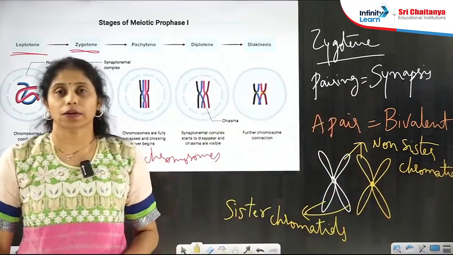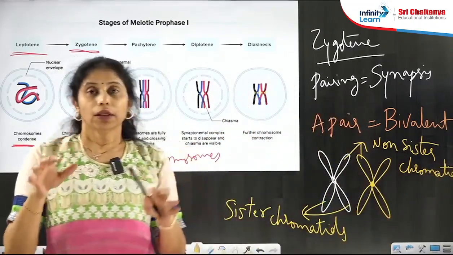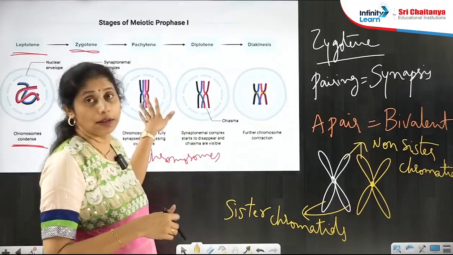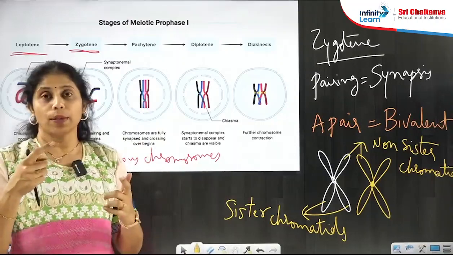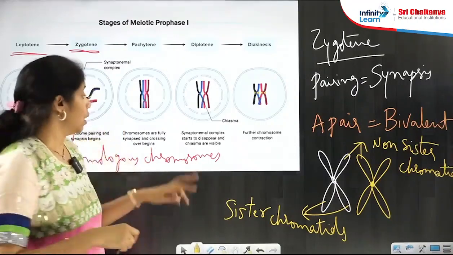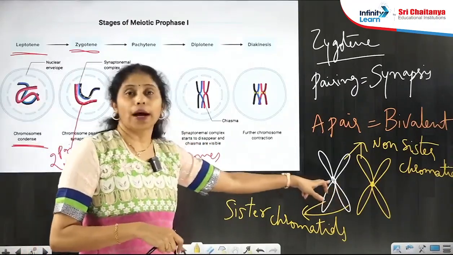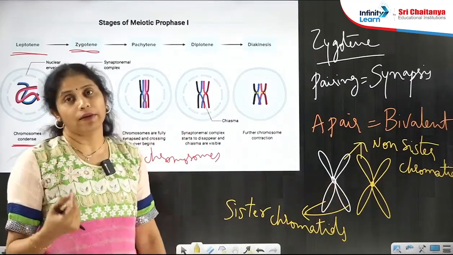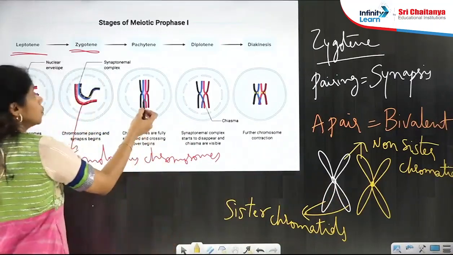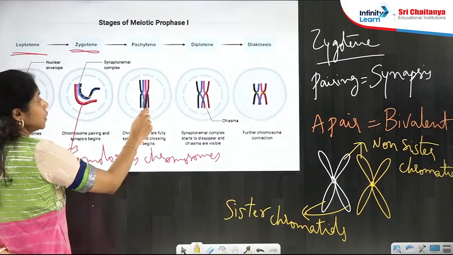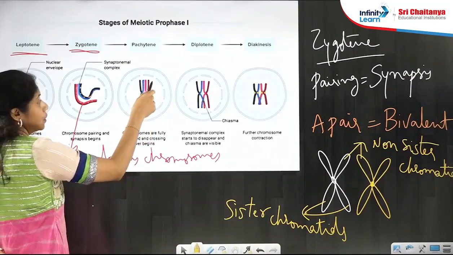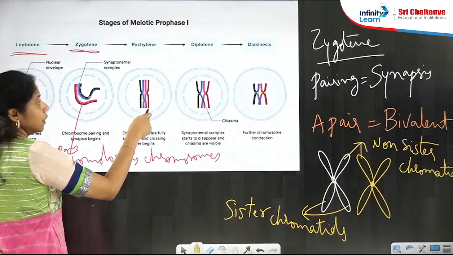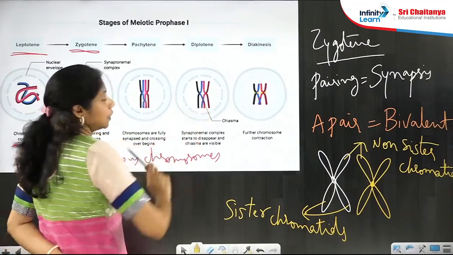Non-sister chromatids. In the pachytene stage, crossing over occurs. Crossing over is nothing but exchange of genetic material between two non-sister chromatids of a pair or a bivalent. Here you can see the blue one is exchanging material with the red one, and the red one exchanging with the blue one.